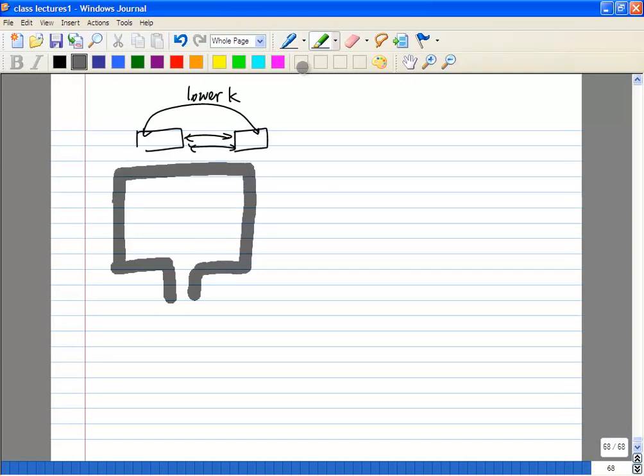Let's say this is on M6. You can go to M5 and right below that you could draw the secondary.